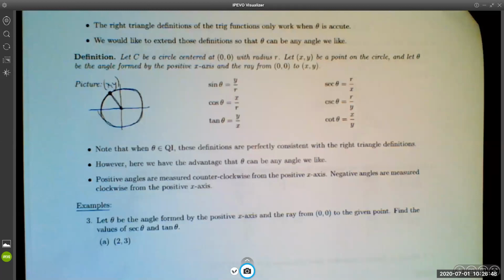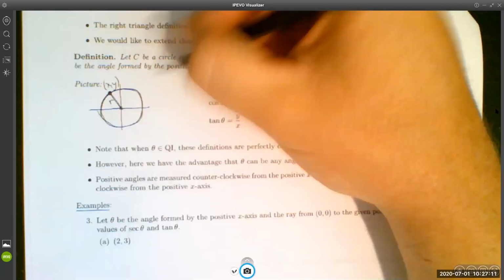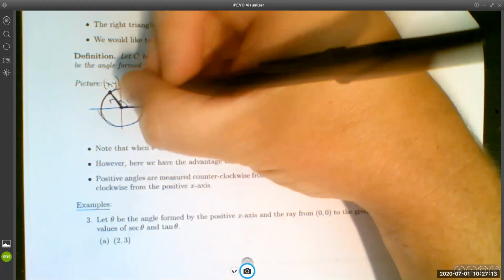That's this little ray right here, and the ray from 0, 0 to x, y. That's that ray right there. So this is theta. That's what this definition is saying. Now we can give the definitions of the 6 trig functions in terms of x, y, and r. Sine theta is going to be y over r, tangent theta is going to be y over x, and so forth for the other 6.